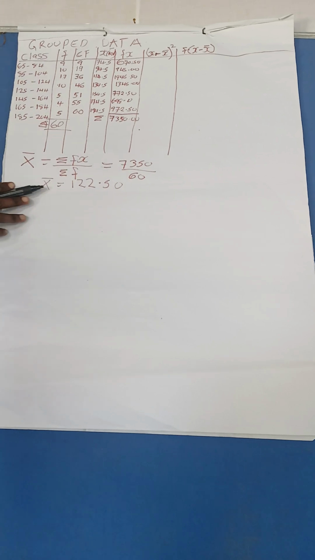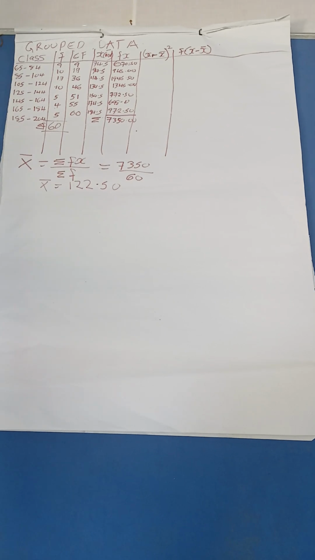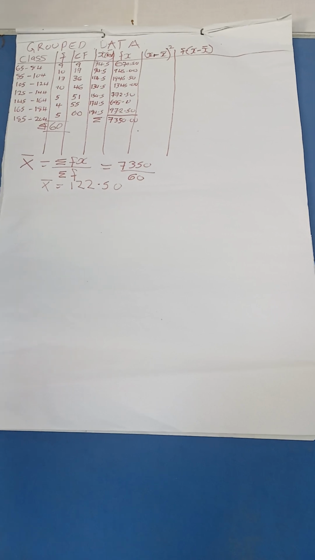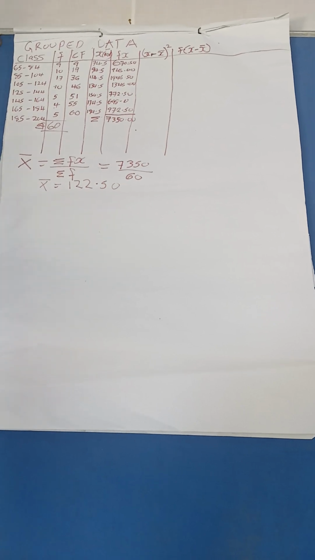Good. So we are determining the mean because it's going to help us to calculate the next column. Our next column requires us to get x, minus the mean, then square.